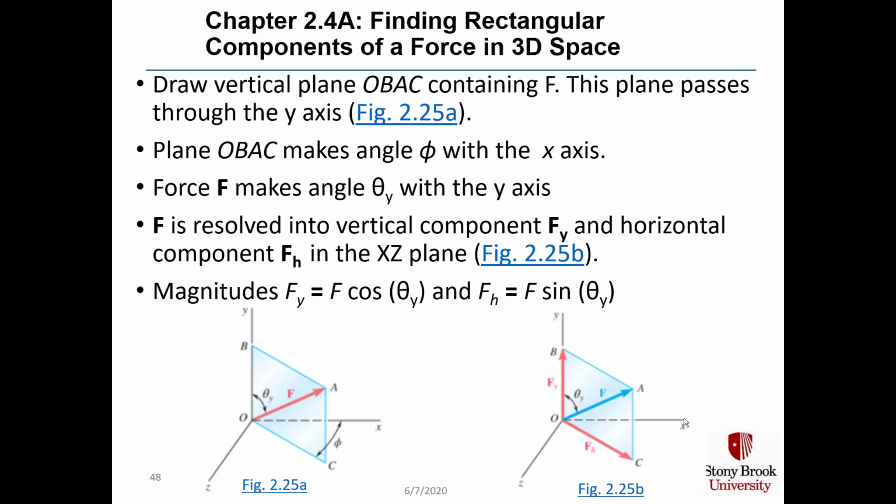We call it F sub h because we're defining the xz plane as a horizontal plane in this three-dimensional picture. F sub y is equal to the magnitude of vector F times cosine theta sub y. F sub h, shown in italics, is equal to the magnitude of vector F times sine of theta sub y.